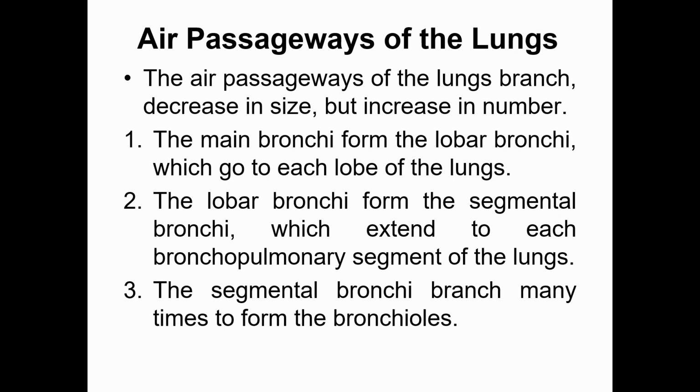So the air passageways of the lungs branch, they decrease in size, but they increase in number. The main bronchi form the lobar bronchi, which go to each lobe of the lungs. The lobar bronchi form the segmental bronchi, which extend to each bronchopulmonary segment of the lungs. The segmental bronchi branch many times to form the bronchioles.